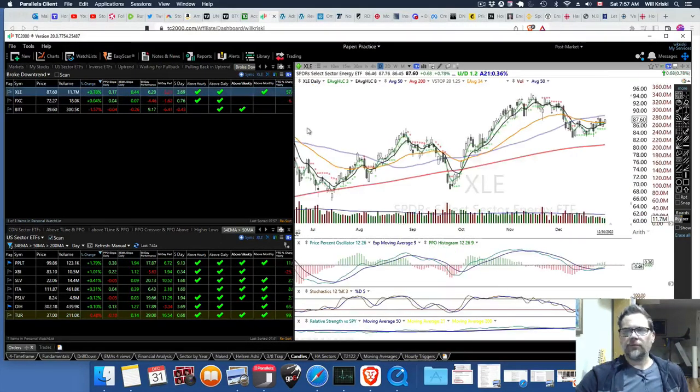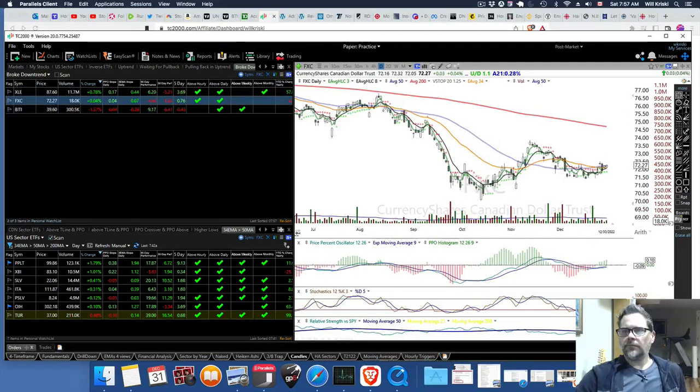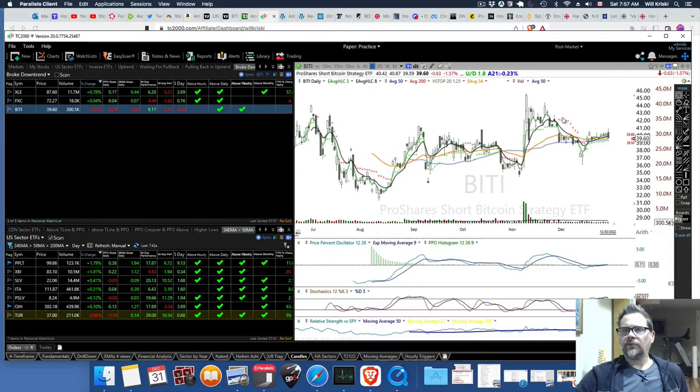Something that's broken a downtrend like this and it's starting to head up, this one's here, but they don't necessarily have a higher low. The Bitcoin inverse was breaking this recent downtrend, but it wasn't really established with higher lows and stuff. You can see this chart doesn't look really good in terms of an established uptrend.